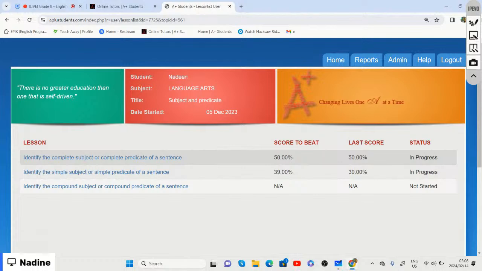All right, so now we're doing our subject and we're doing our predicate, right? During the course of this lesson, we're going to find out what a subject is as well as what a predicate is, specifically a complete subject.